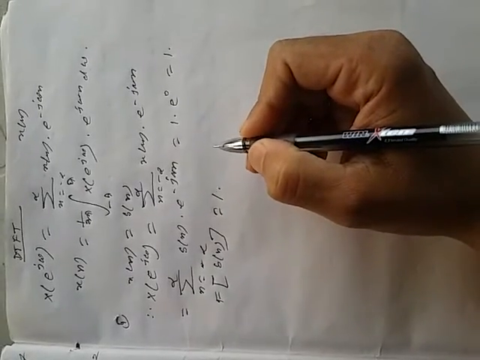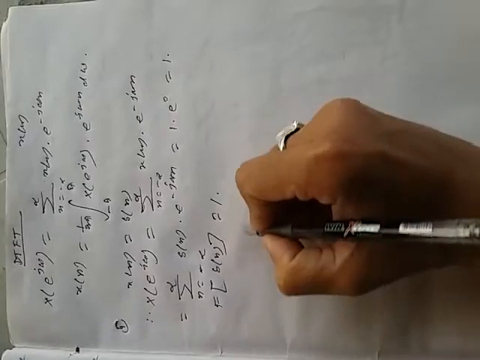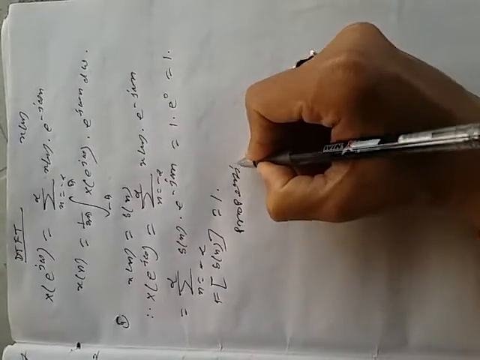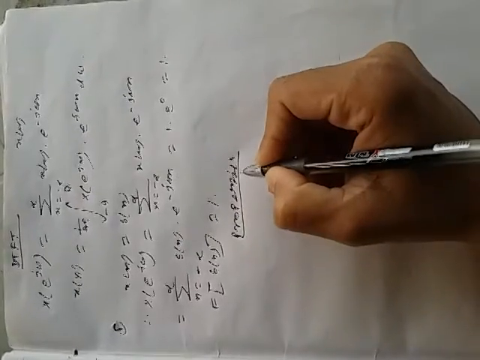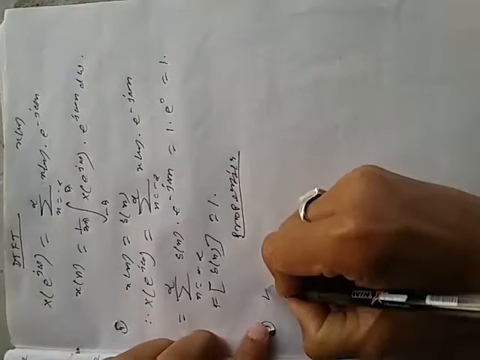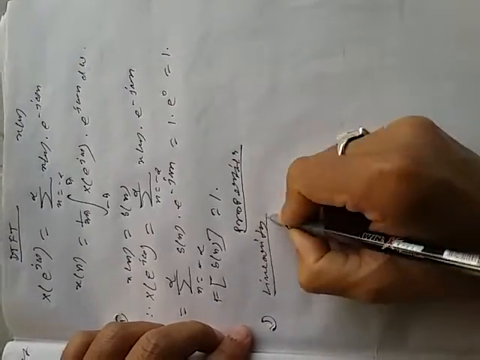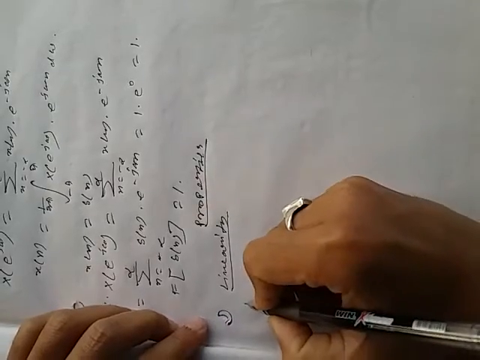Now there are several properties of discrete time Fourier transform. First property is the linearity property.